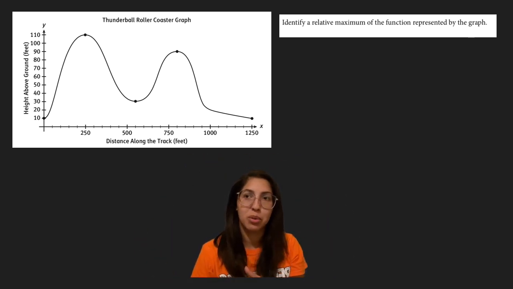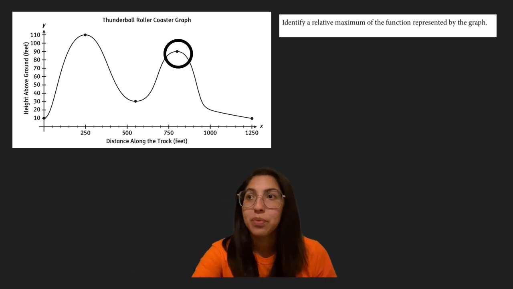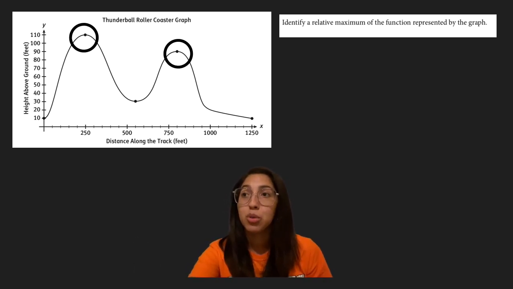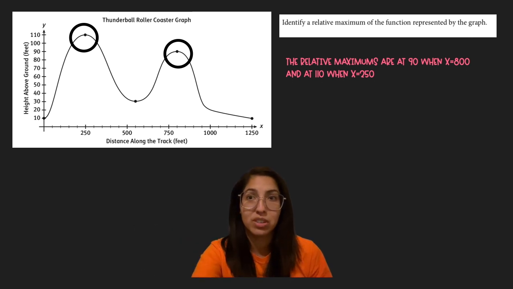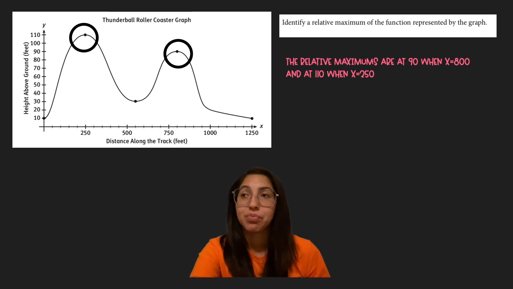So for this one, we have 2 relative maximums. You can always have more than 1. So the relative maximums are at 90 when x is 800 and at 110 when x is 250. So when you've ridden the roller coaster for 250 feet, you will be 110 feet off the ground.